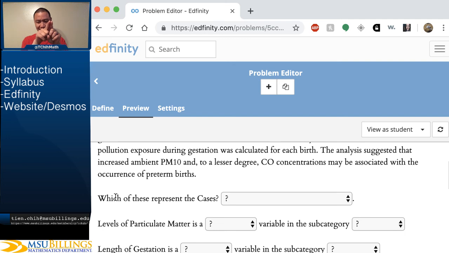If you could have values in between two values that also make sense, then that should be a continuous variable. Otherwise, it's a discrete variable. If the variable is categorical, you want to ask yourself, for all the different categories, is there a natural way to order them? If so, it's an ordinal variable. If not, then it's a nominal variable.